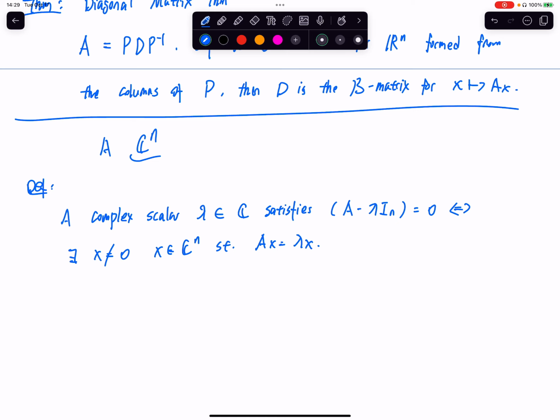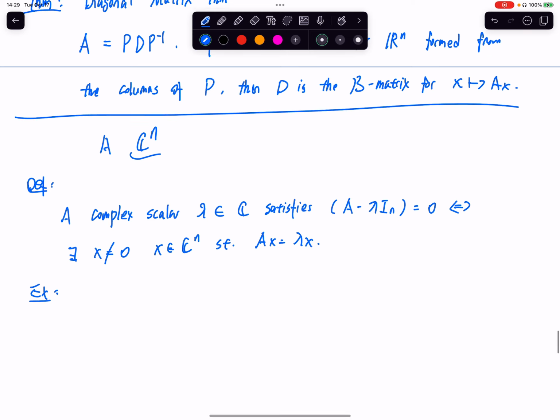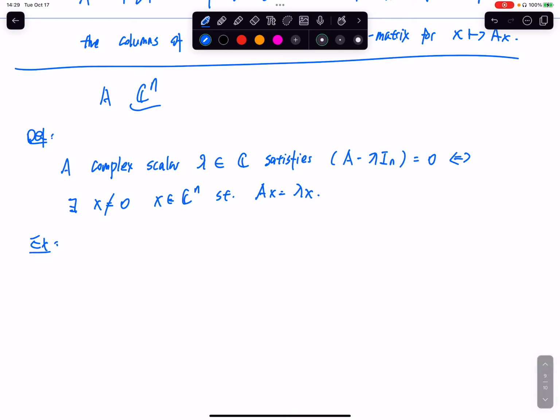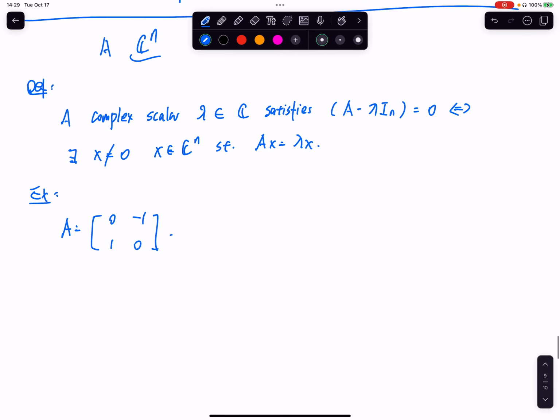So let us do an exercise. If our A equals [0, -1; 1, 0], then the linear transformation x maps to Ax on R^2 rotates the plane counterclockwise through a quarter turn.